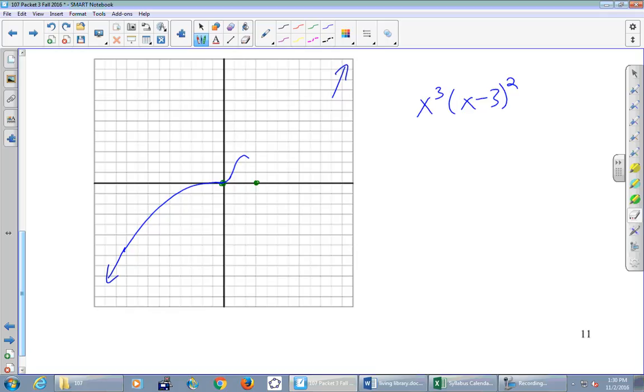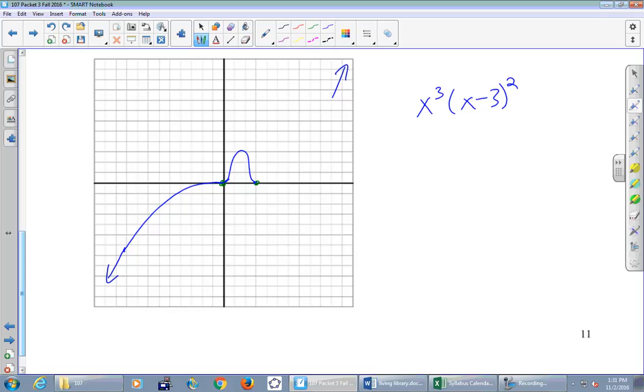Okay, coming over here to x equals 3. It is a squared thing. So is it going to go straight through or is it going to be flat? Any power other than 1 is flat. That is a flat thing. So we're going to come down here and we're going to flatten out. Give myself a little more room here. Come up here, we're going to flatten out something like that.